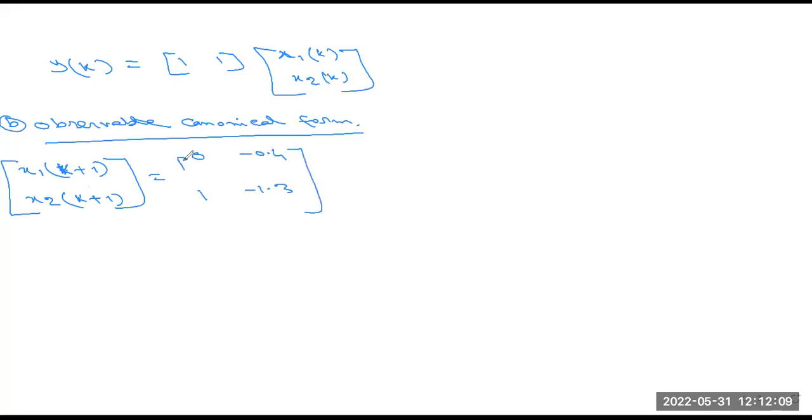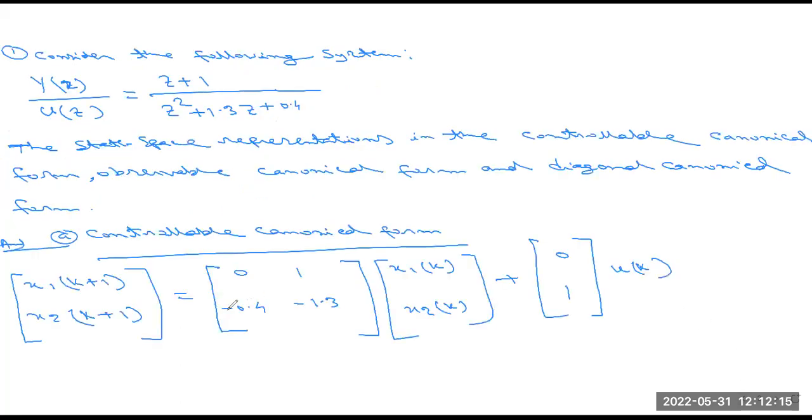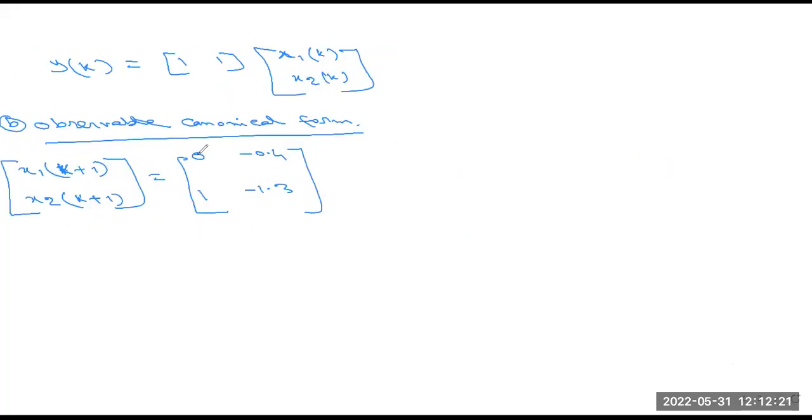Previously we wrote 0 1, minus 0.4 minus 1.3, and here the row is considered as column. So this is the interchange for the observable canonical form, and the previous one was the controllable canonical form.